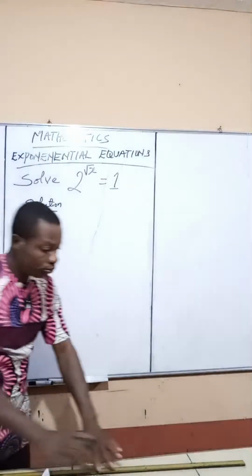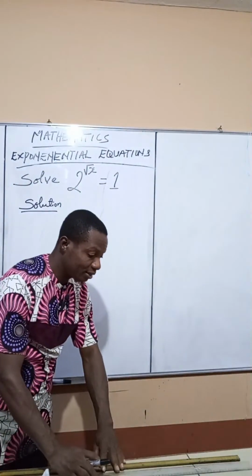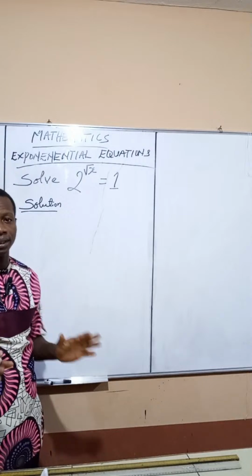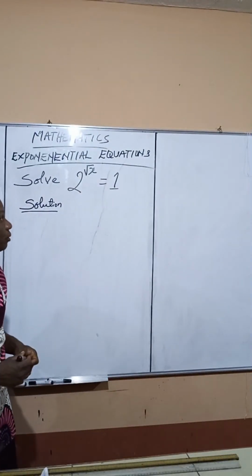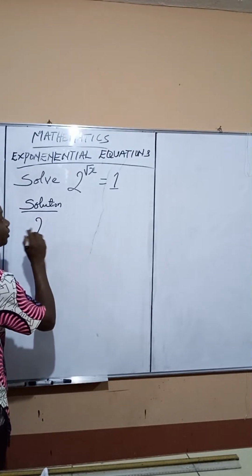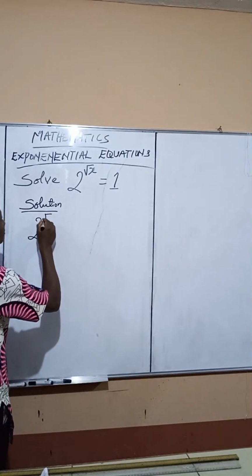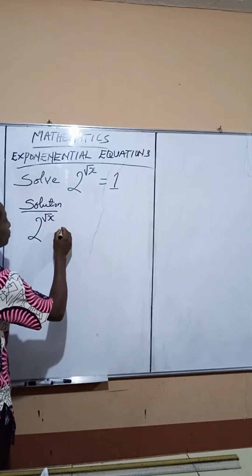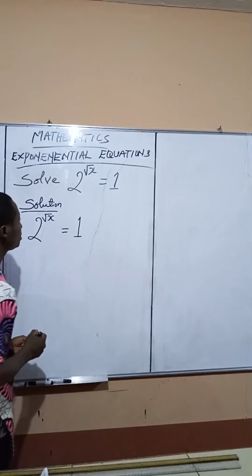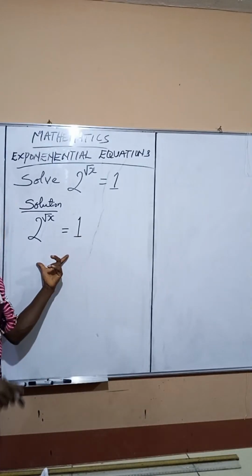Now, I'm going to be taking it step by step so that everybody can understand exponential equations. We are going to look at it from a simple perspective. So the simplest one is what we are taking right now.